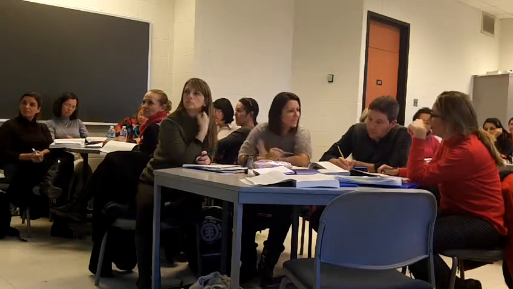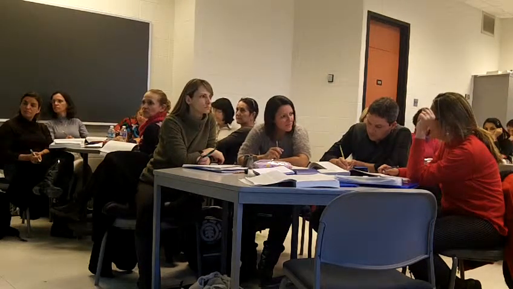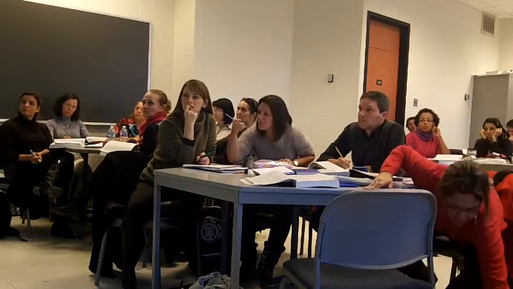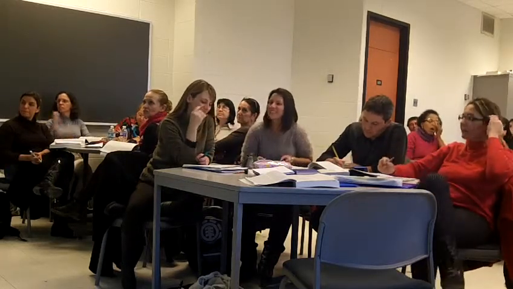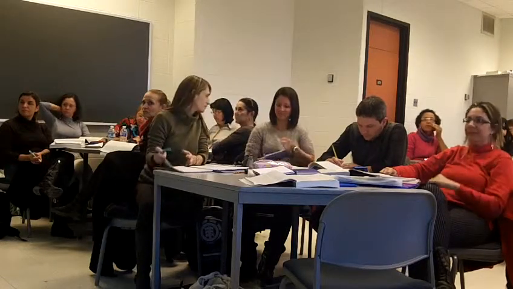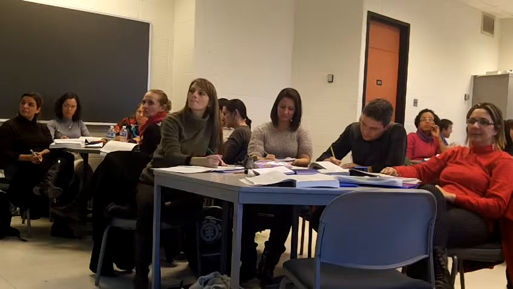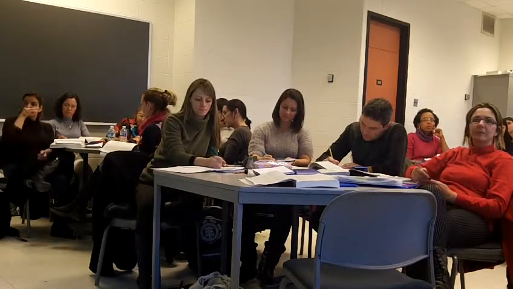So now what we're going to do is try to match these words that are over on the right in the word cloud with the approach that is over here on the left. We'll do a think, pair, share.